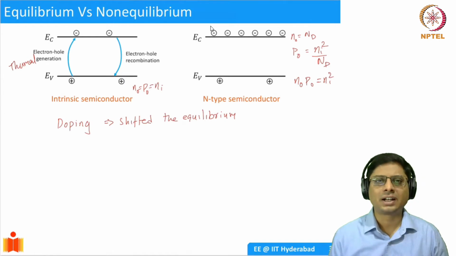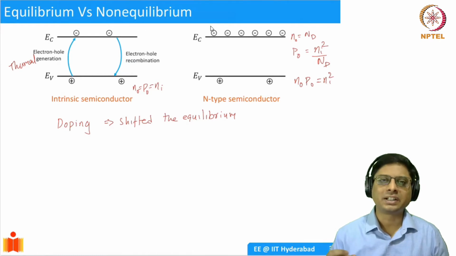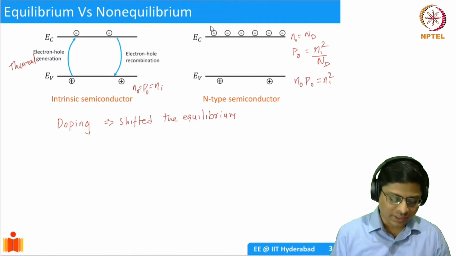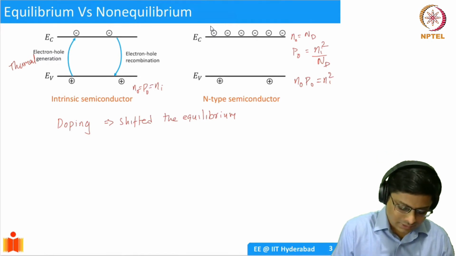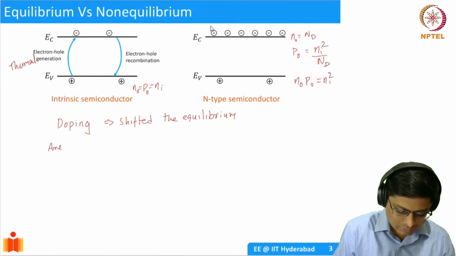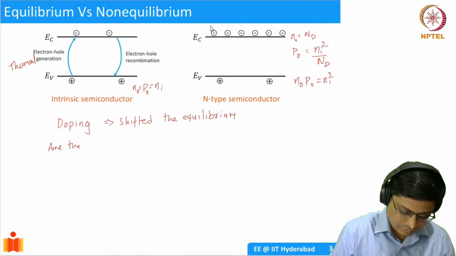So we want to ask a very important question. Let's say we are able to somehow identify each individual electron in the conduction band, and similarly each individual hole in the valence band. So we ask, are the electrons and holes frozen?